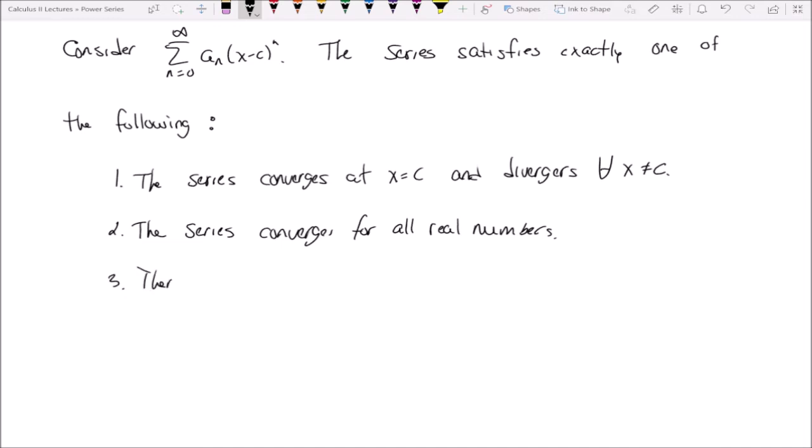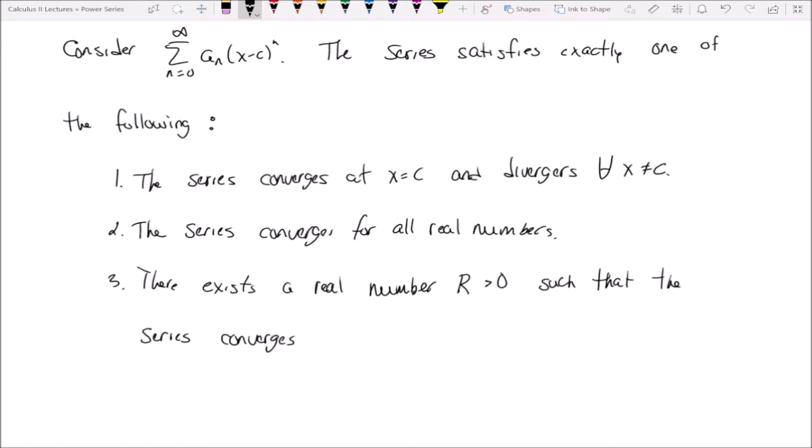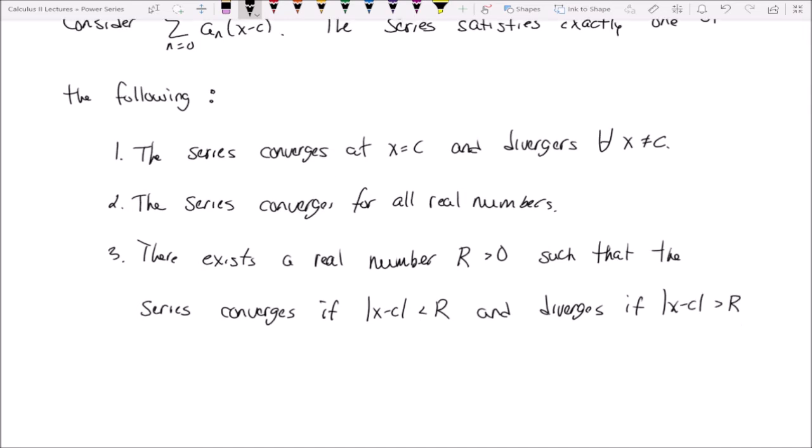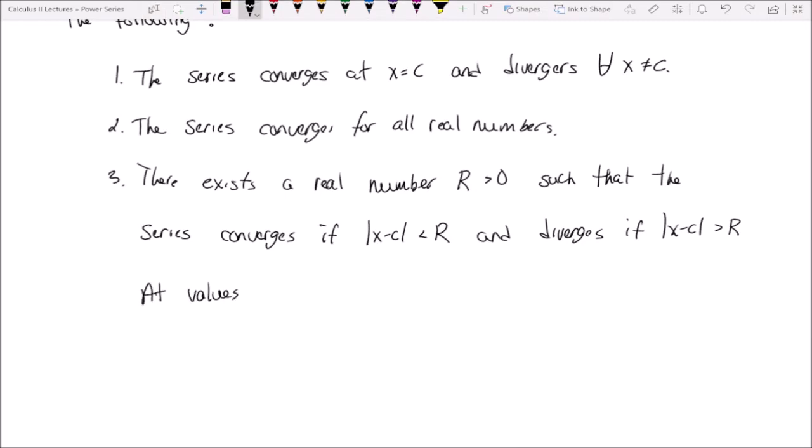Or there exists a real number R larger than 0 such that the series converges if the absolute value of x minus c is less than R, and diverges if the absolute value of x minus c is larger than R. At values x where the absolute value of x minus c is equal to R, the series may converge, or it may diverge.